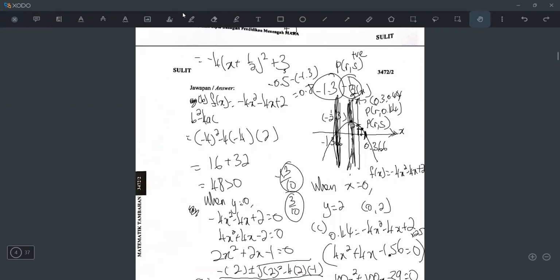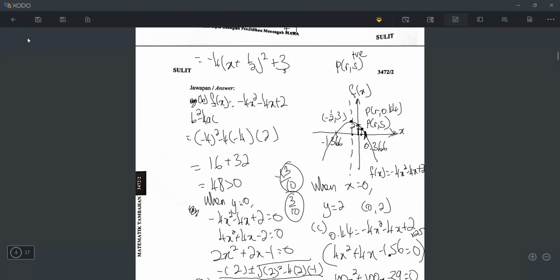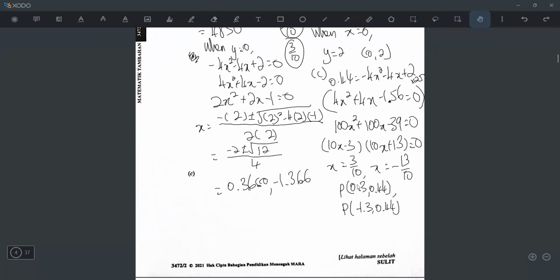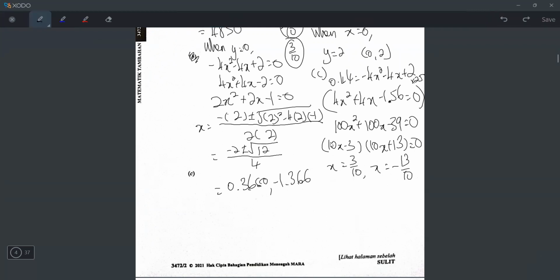So it doesn't matter, it's up to you. You can use whichever. It means it doesn't matter which x value you take. The horizontal distance is still 0.8, right? Okay, let me write again.